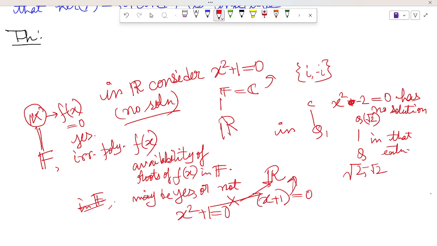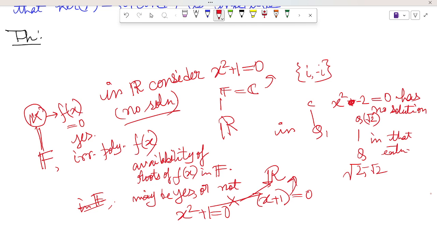But if all the roots are not there, our target is to find a bigger field than the given field, so that in the bigger field we have all the roots.